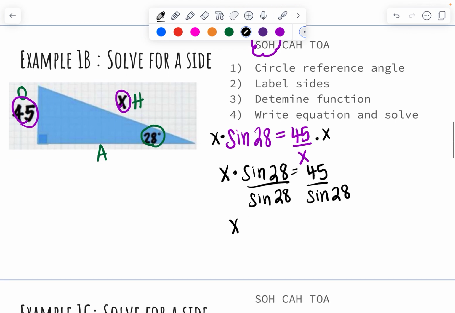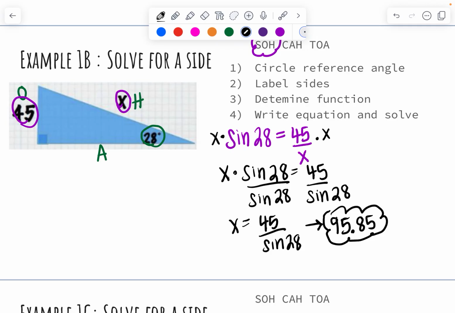Which then means x equals 45 divided by the sine of 28. If you put that in your calculator, 45 divided by sine 28, and we round it to the nearest hundredth, we'll get 95.85 approximately, because we're rounding.